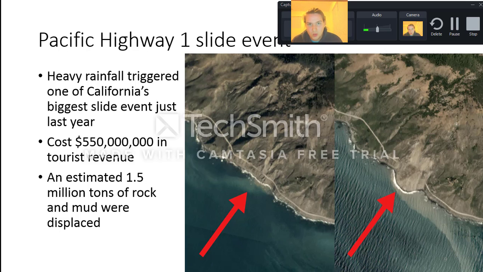Now, luckily, no lives were taken in this event, but it did cost, according to the CEO of Visit California, around $550 million in tourist revenue. And that's just tourist revenue alone. Who knows how much this is going to take to repair, because it's been a year since the event has occurred, and this massive road is still out of service.